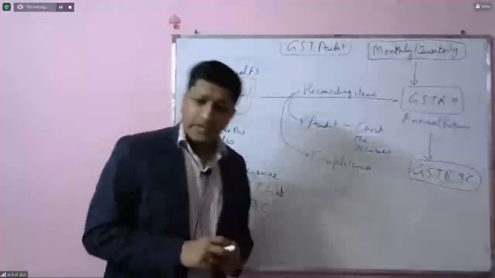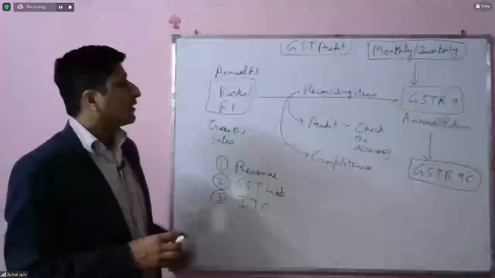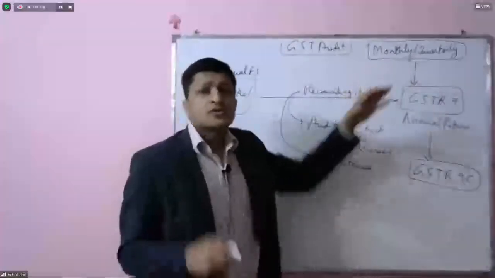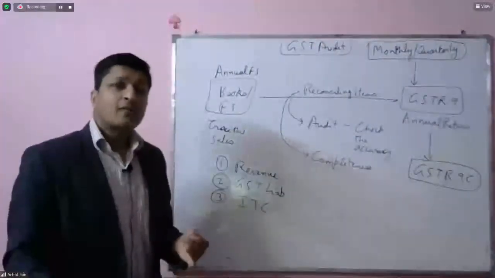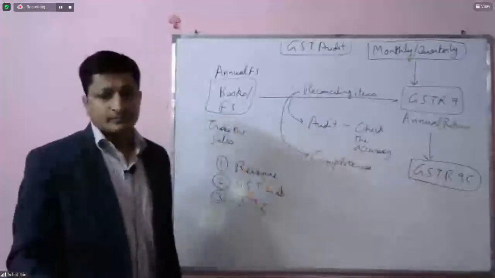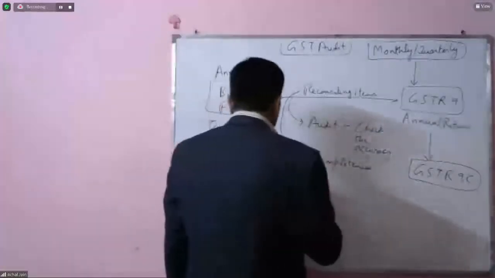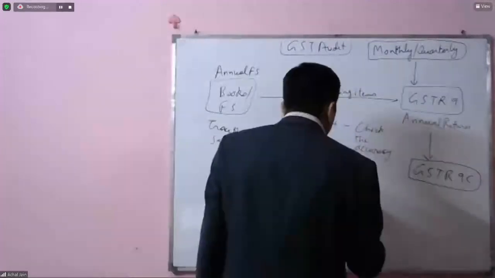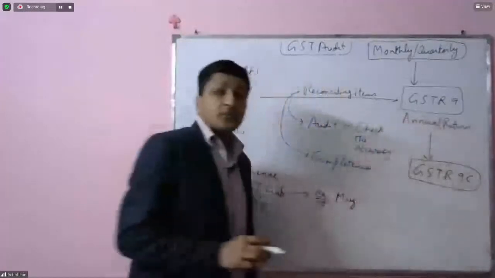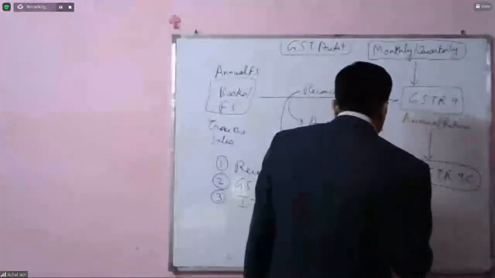Now let's suppose during a particular month, GST liability was not paid, or maybe GST liability was not fully paid on time. Say for example, for the month of May during this financial year, GST liability was not paid on time.